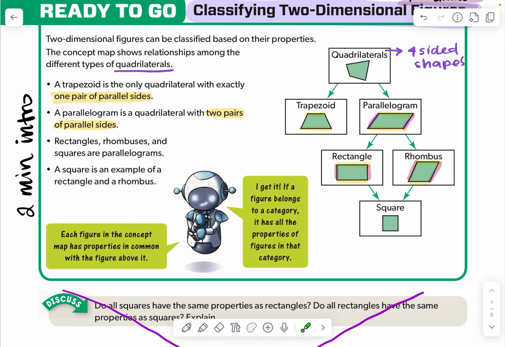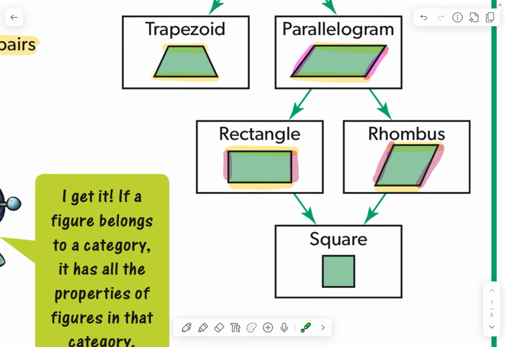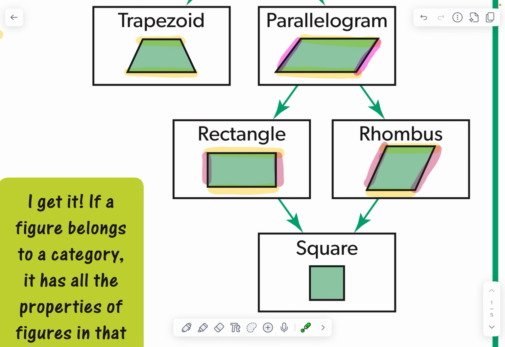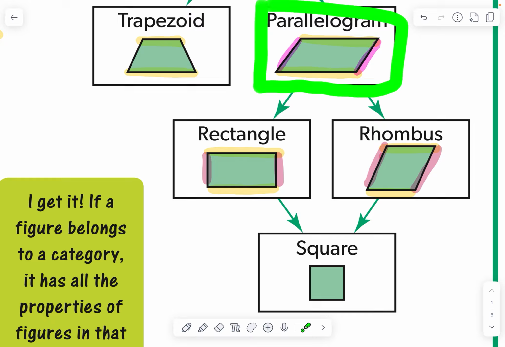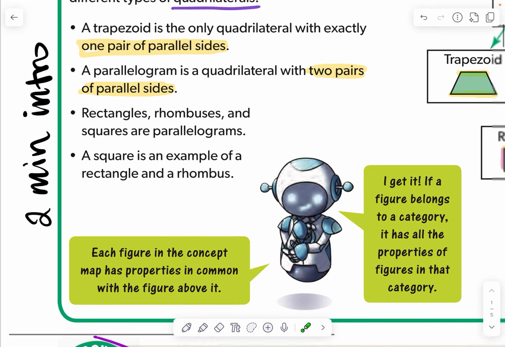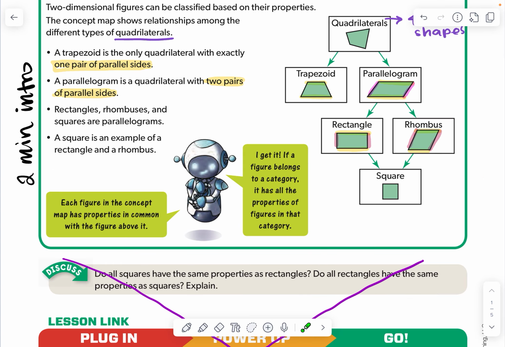It also tells us that rectangles, rhombuses, and squares are parallelograms. They're parallelograms because they have two pairs of parallel sides. So I've gone ahead and highlighted them in the same way that I've highlighted parallelograms. And then lastly, a square is an example of a rectangle and a rhombus.